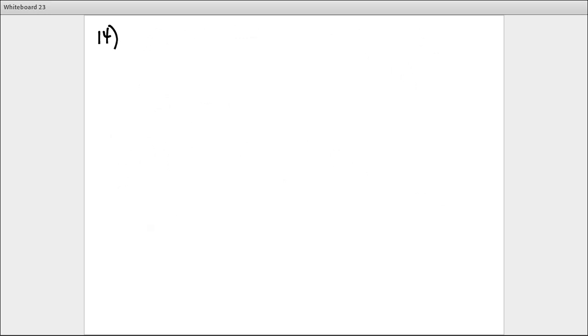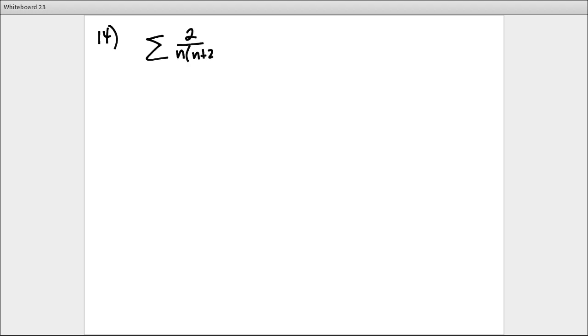Let's do one like 14. But I'm going to write it a little bit different. Not that you shouldn't know 14 how it is, right? I'm going to rewrite it.